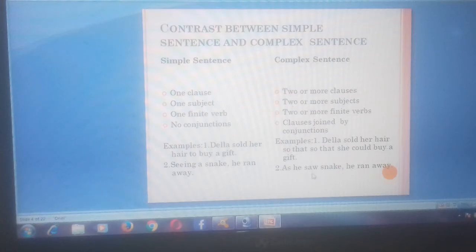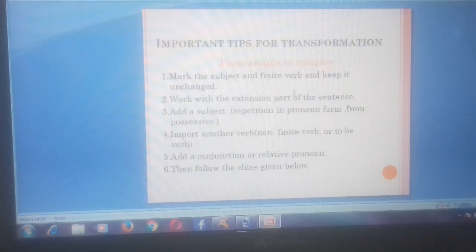Here we find two subjects, one is Della and another is she. Two finite verbs, one is sold and another is could buy. So the main difference is that in simple sentence we will find one clause, and in complex sentence we will find two or more clauses.